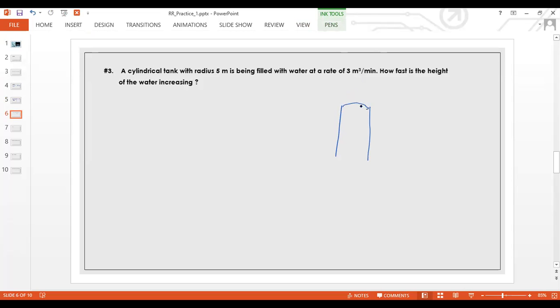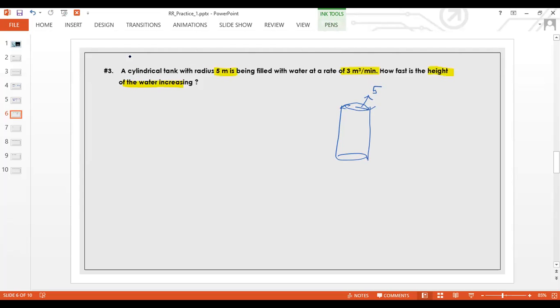This is my cylinder tank, and let's say the cylinder tank has a radius here. This is 5 meters, right?